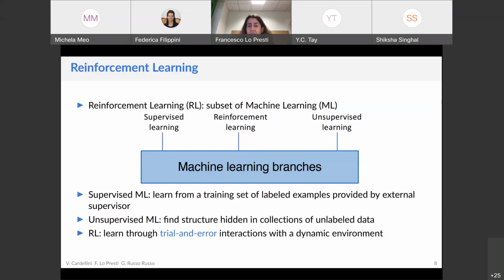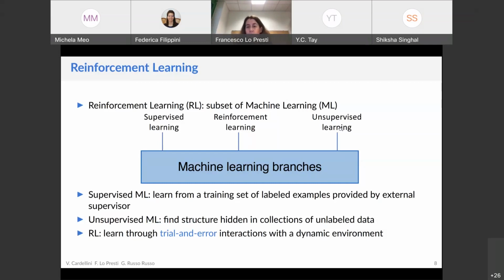In a nutshell, with supervised learning, the system can learn from a training set of labeled data that are provided by an external supervisor.